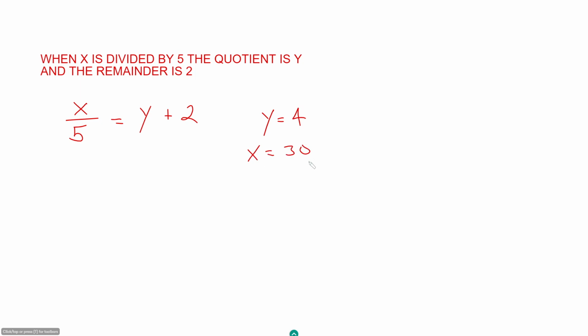So does this make sense? If I read this statement again with these numbers, it would be when 30 is divided by 5, the quotient is 4, and the remainder is 2. And so is that right? It's absolutely not right, because when 30 is divided by 5, the quotient is 6, and the remainder is 0.